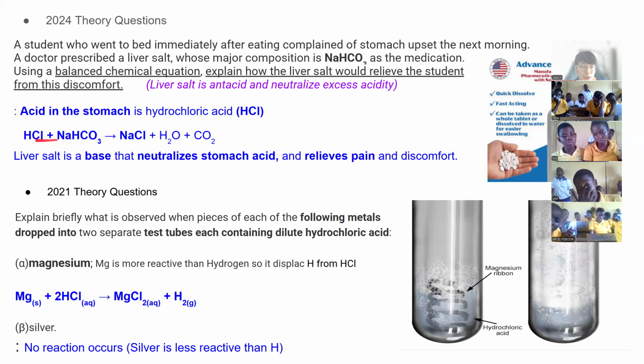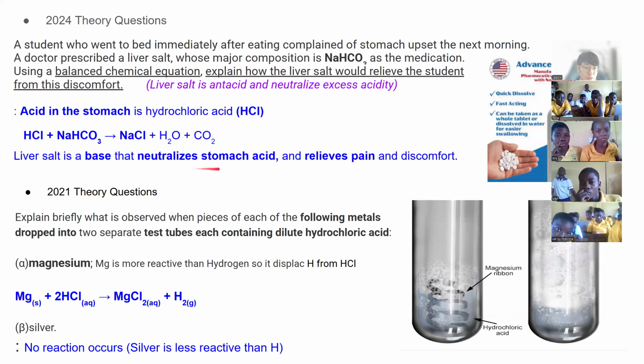And HCl combines with this liver salt, NaHCO3, and what this forms is NaCl and water and carbon dioxide. It forms these 3 compounds. And NaHCO3, this liver salt, acts as a base, and that can neutralize stomach acid.